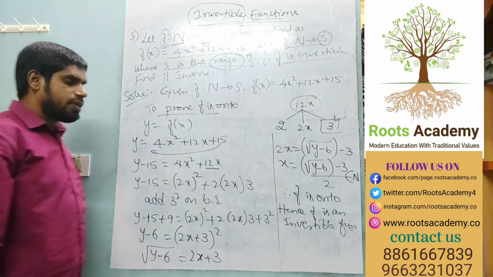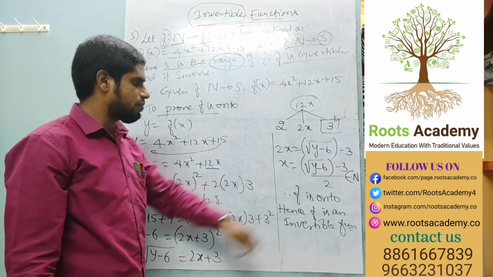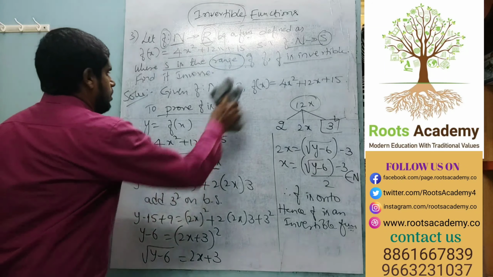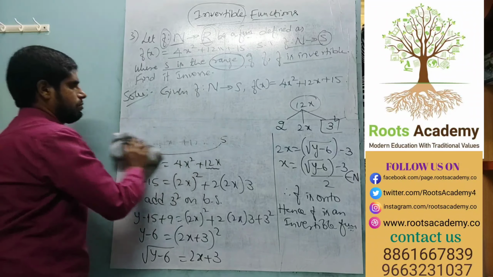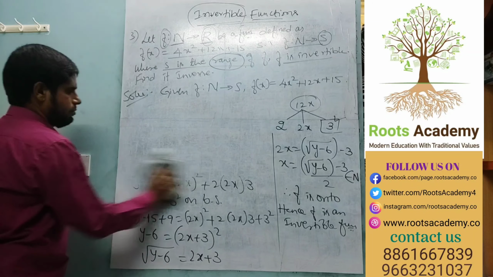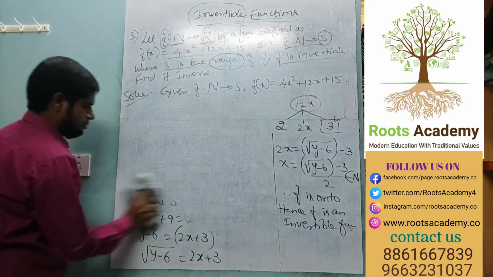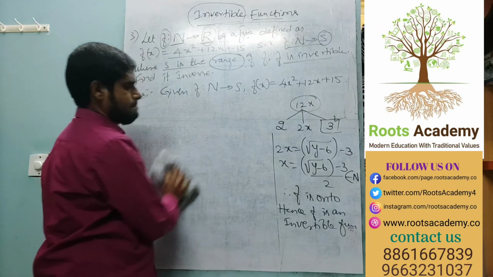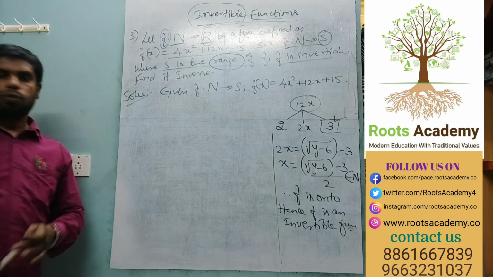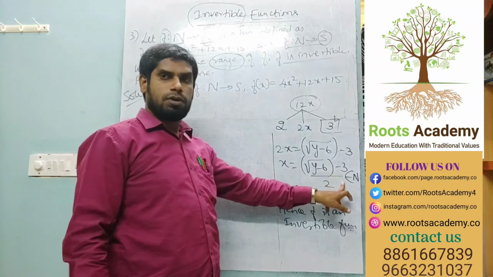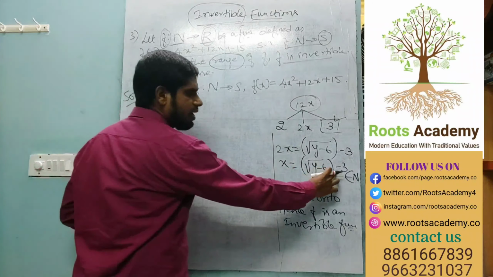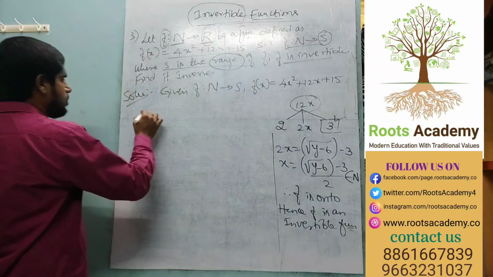Now I should find its inverse. Once we know the x value and it is onto, the inverse is very easy to find because the same thing we will get in terms of x.